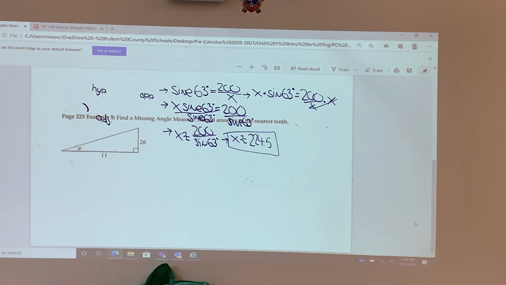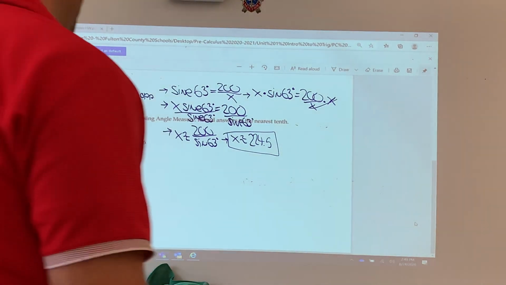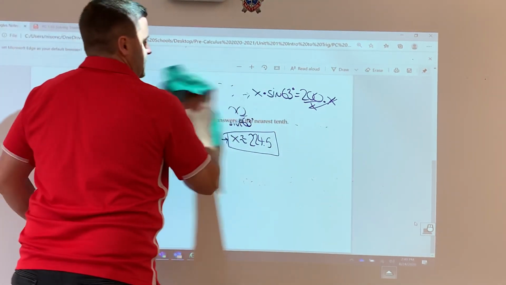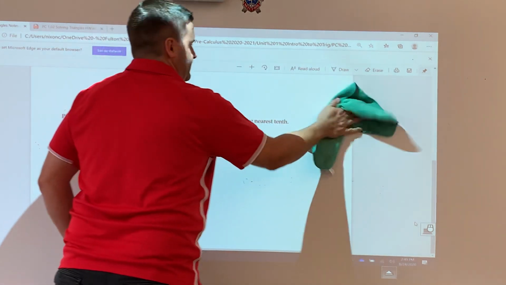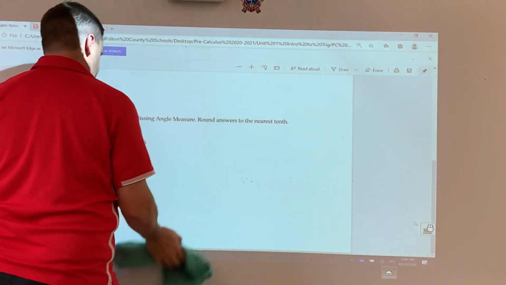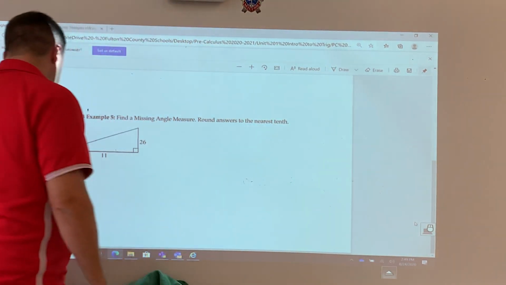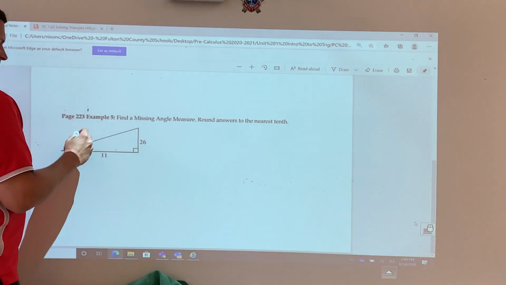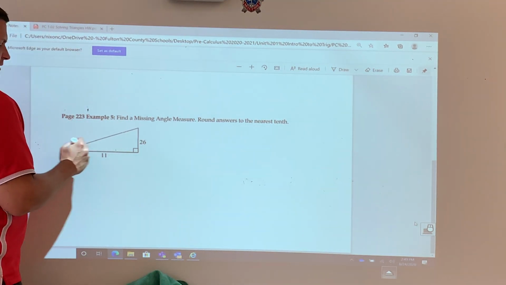All right, last example here, example 5. Now it wants me to find an angle. So before we have found missing sides. Now this time we are going to find a missing angle. So what I know is theta is down here. I'm trying to figure out what this angle is.